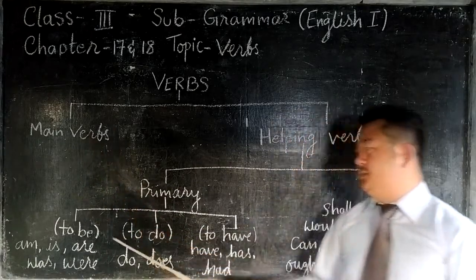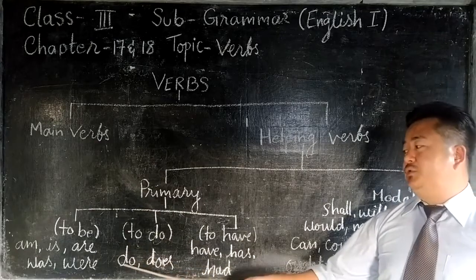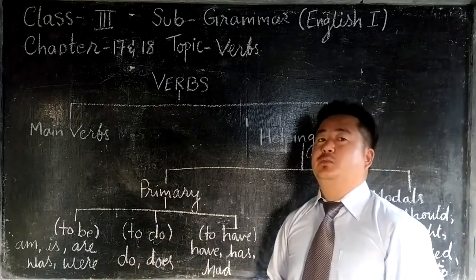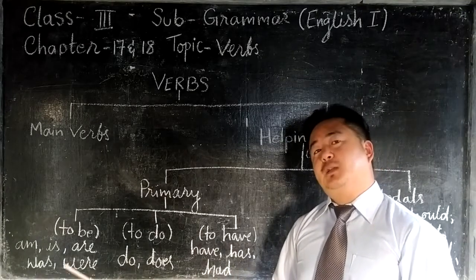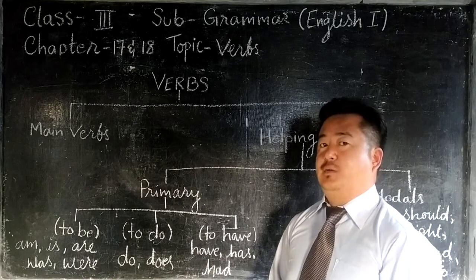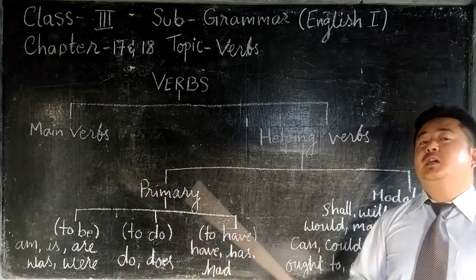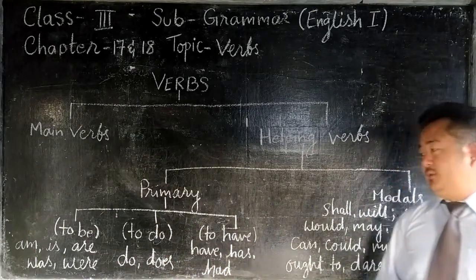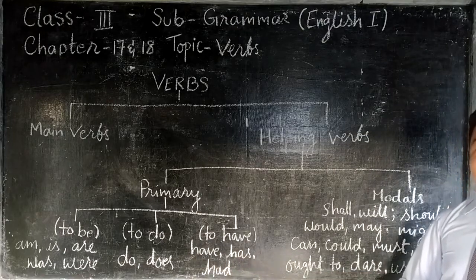To do something, under this we have do and does. He does his work. He does his job. He does his homework. Got it? So does is a primary verb in a sentence. To have, under that we have have, has, had.